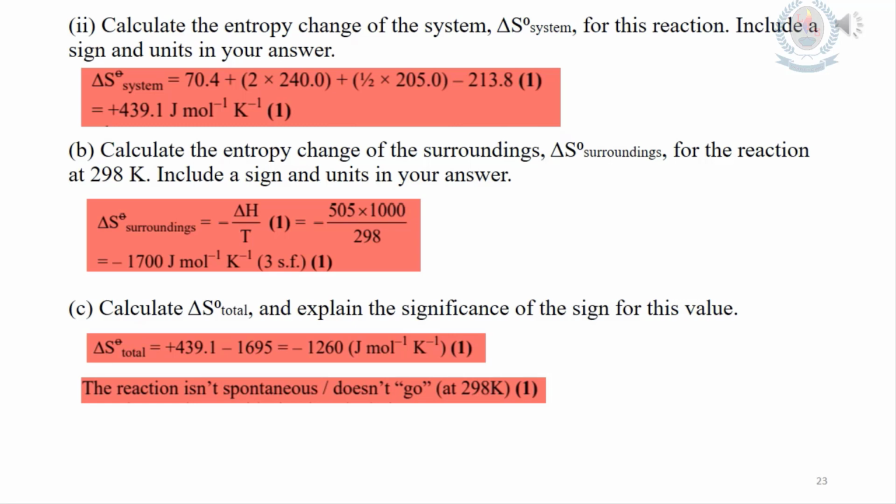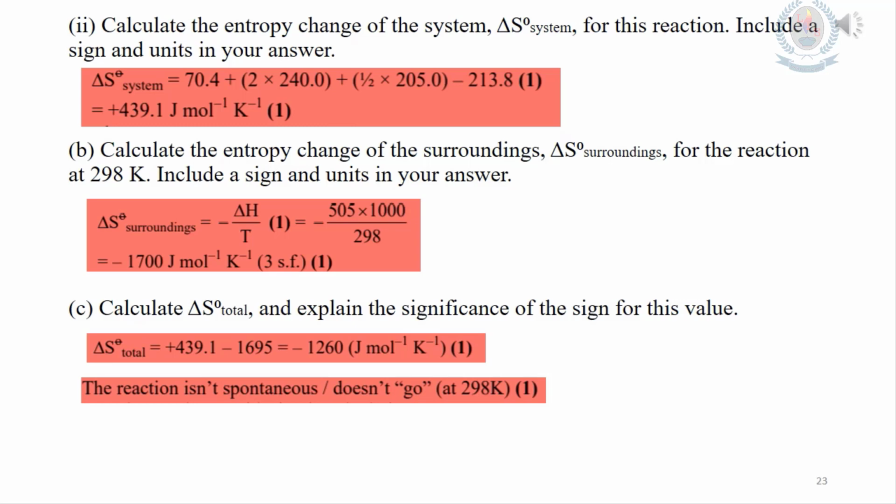Part C. Calculate delta S total and explain the significance of the sign for this value. You can find delta S total equals delta S system plus delta S surrounding.